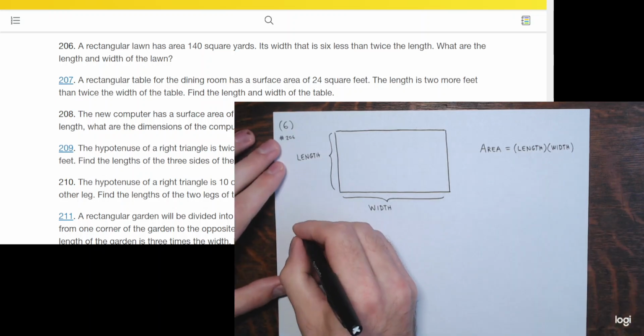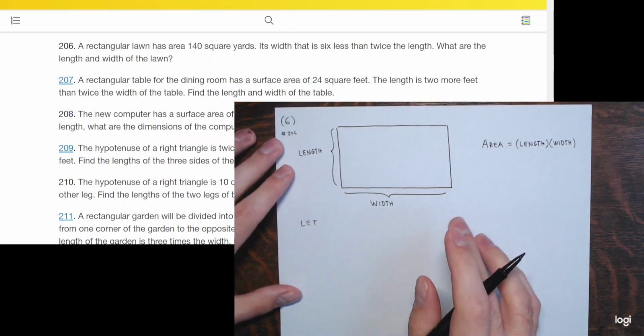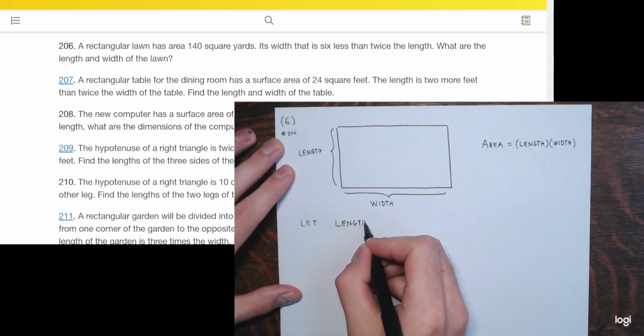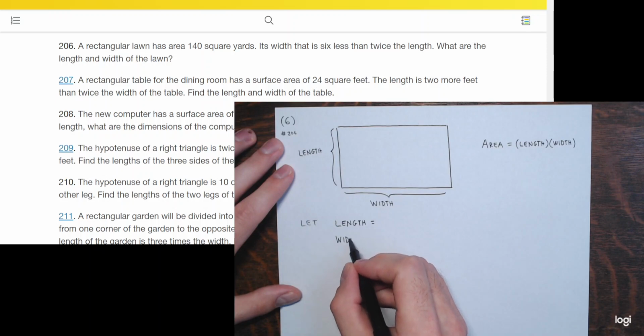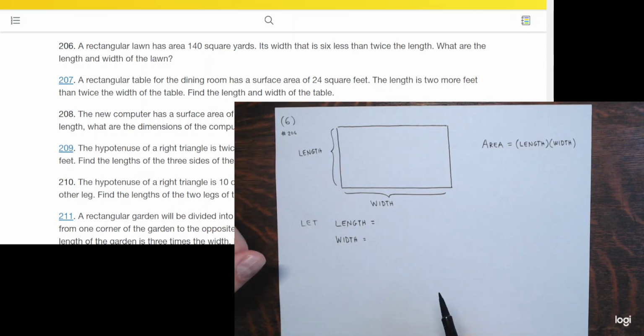Alright, so like with all the other problems, I'm going to assign expressions to my unknowns. We have the length of the rectangle, we have the width of the rectangle. Now, again, you can call these L and W if you wish, but they gave us enough information to where I don't need to introduce two variables.